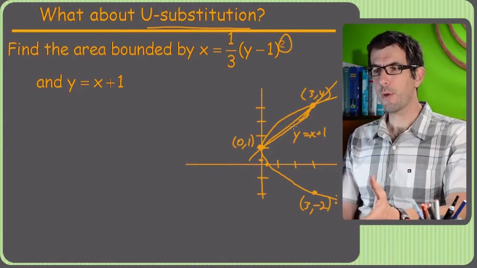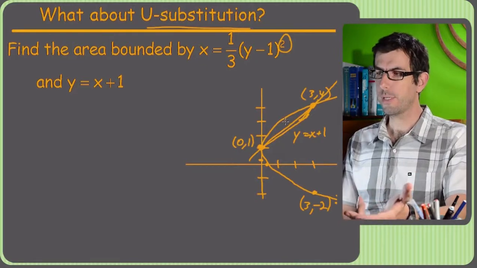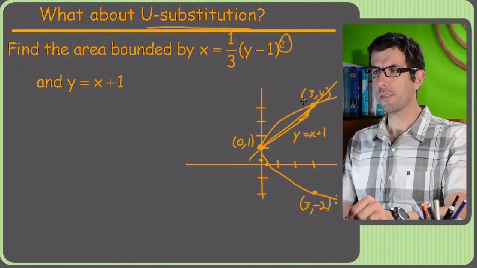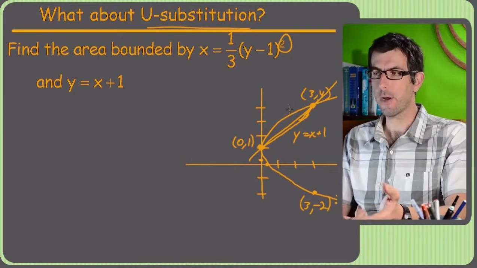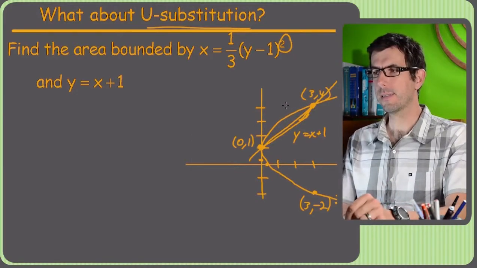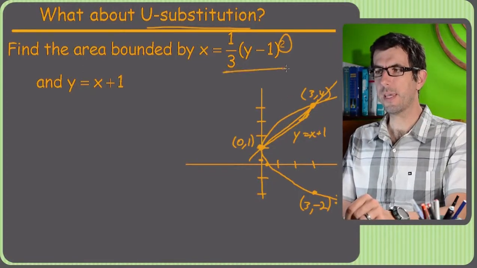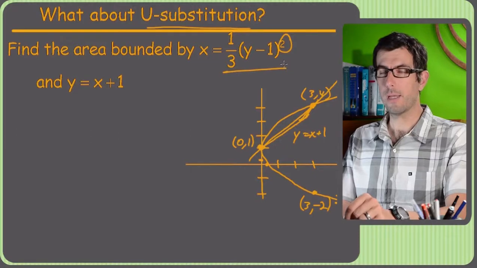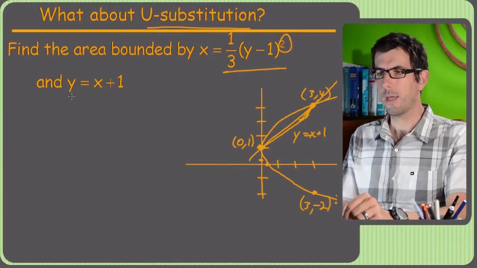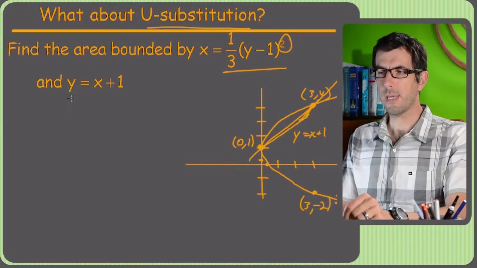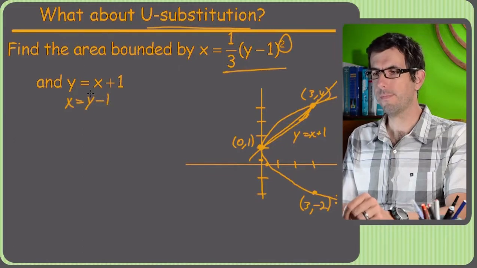All right, so we've got our two curves. Now the question is, do I want to use dx or dy? I personally would normally want to use dx, because everyone likes using dx better. But the problem is that I've got this thing already in terms of y. So let's go ahead and use everything in terms of y. That means I need to rearrange the line as x equals y minus 1.